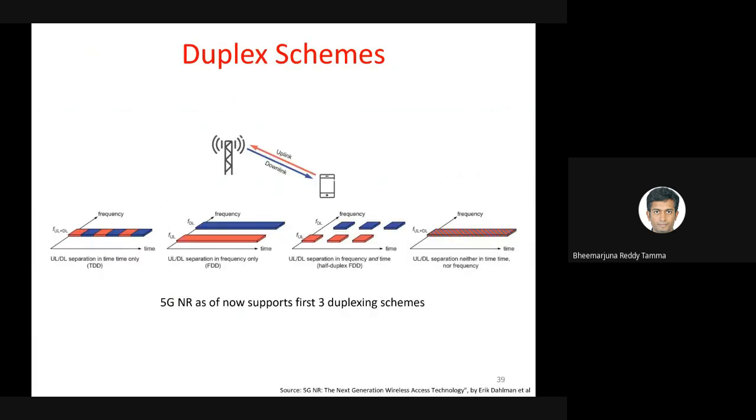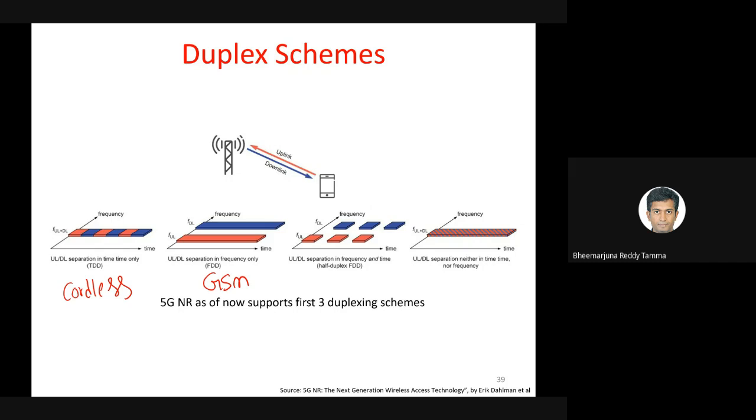Let me talk about duplexing schemes. At a high level, I guess all of you know about duplexing. We have seen TDD and FDD earlier when I was talking about cordless phones, and FDD we looked at in the case of GSM. I hope all of you remember that part, where in the case of cordless phones, we use one channel.